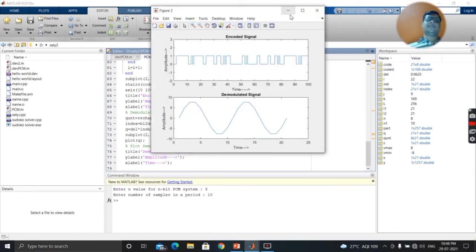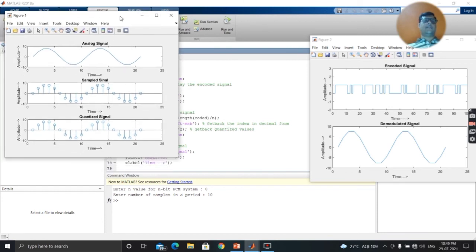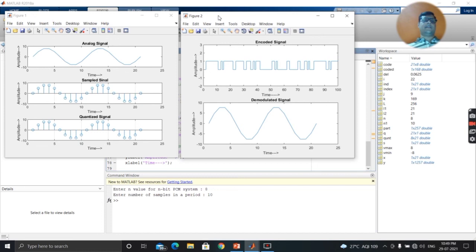This is the encoded, this is the demodulated one, and the first figure will show the analog input, and then the sample signal and quantized signal. You can see that this analog signal and the demodulated signal are quite similar. So it is a generation of the transmitted, original signal with the help of the PCM encoder and decoder.